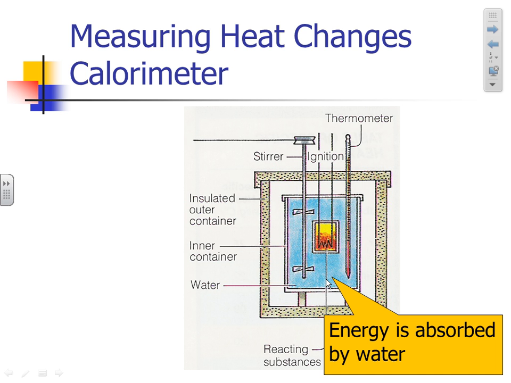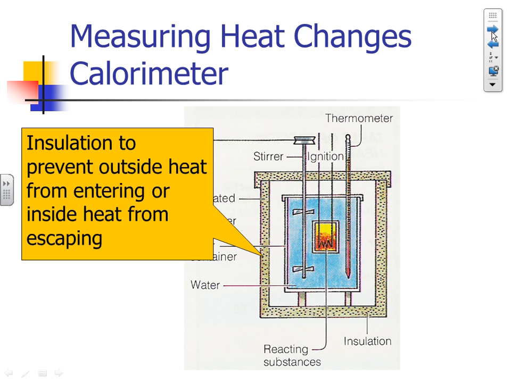And if we know how much energy the water has gained, what else do we know? How much energy the metal loses. Okay. Insulation on the outside, because we want to focus just on the transfer of energy inside the calorimeter, not on any energy from the outside.